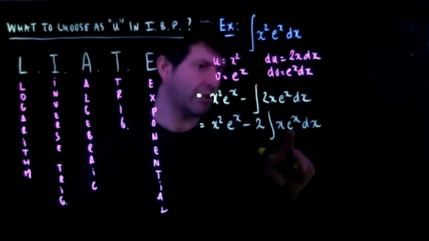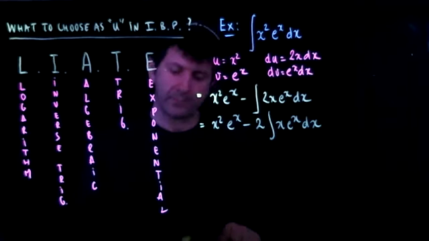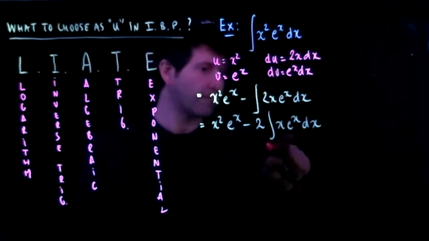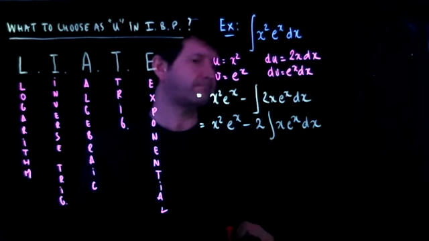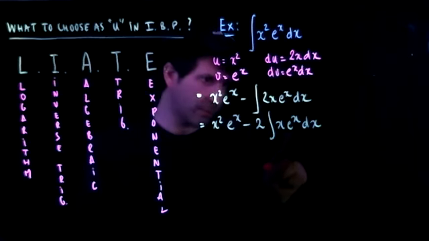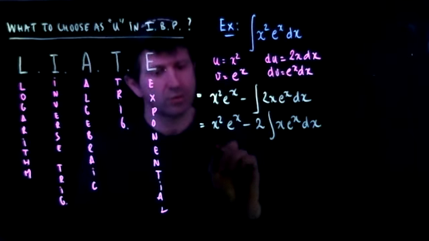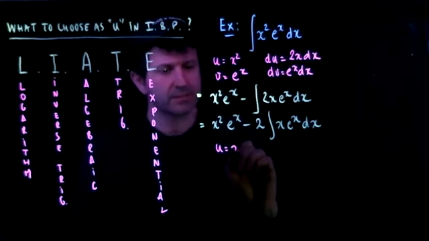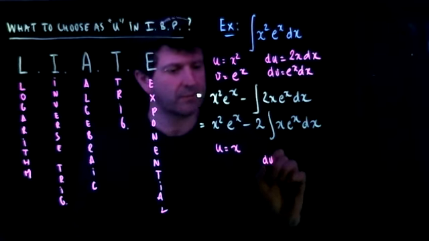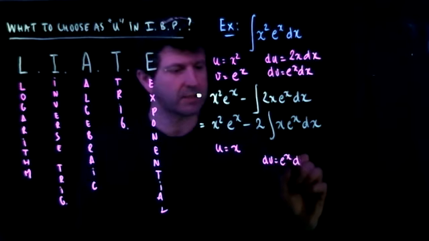So now I need to evaluate this integral. What do I do? I need to do integration by parts again. For this integral, again by parts, u is x and dv is e to the x dx.